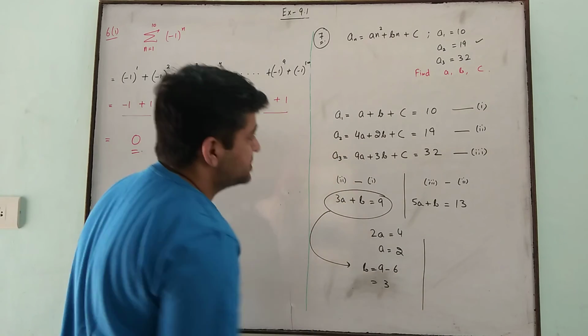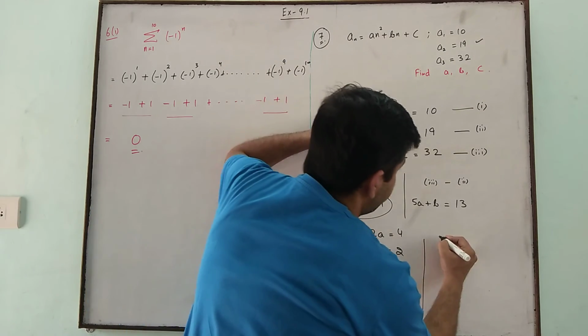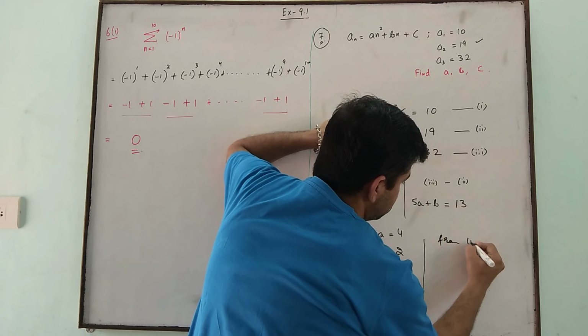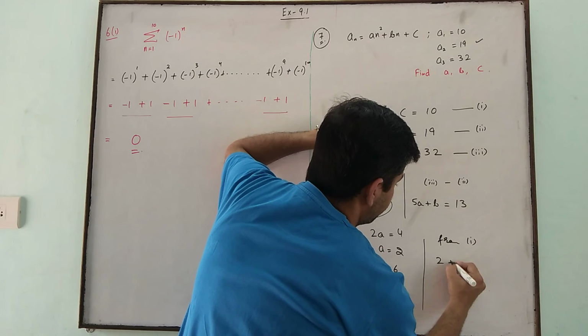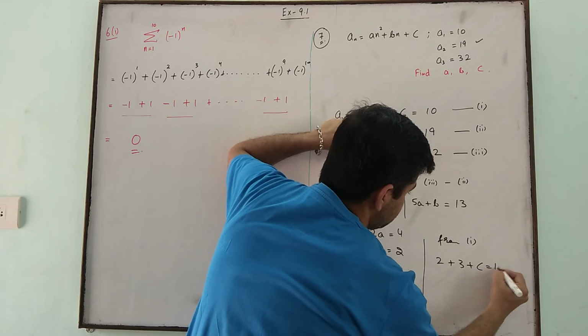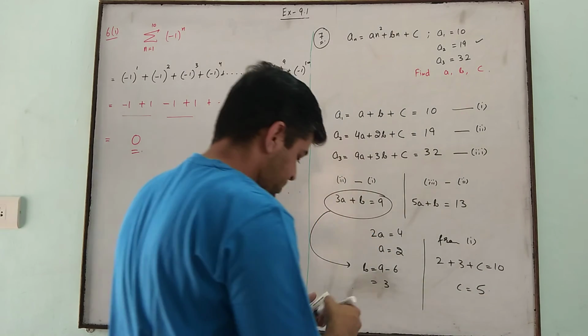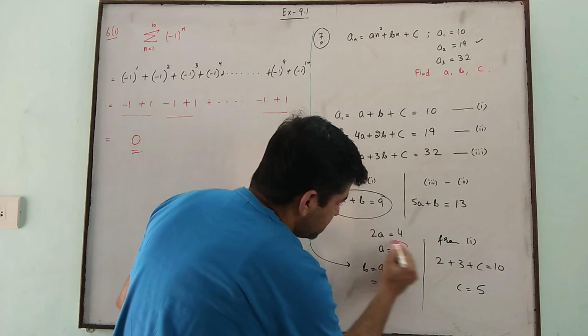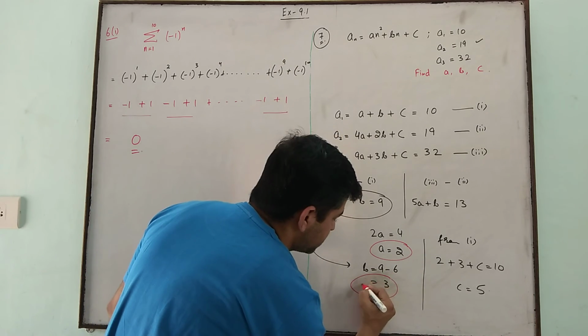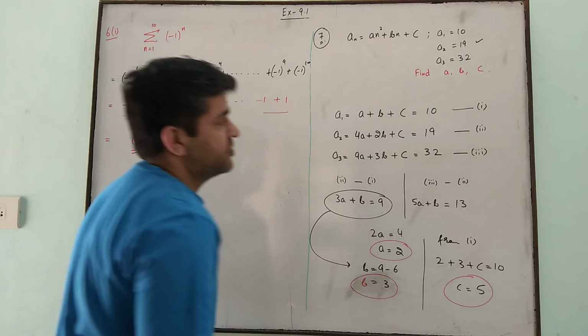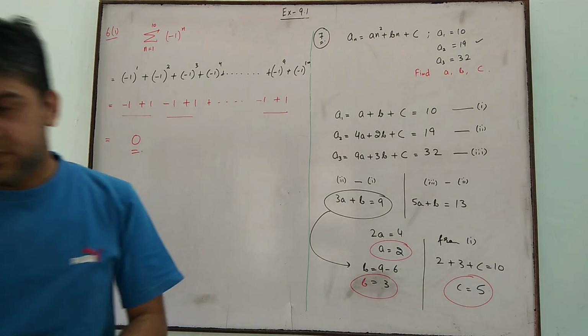A is 2, B is 3. From the first equation, with A is 2 and B is 3, you got C is equal to 5. So your answer is A is 2, B is 3, and C is 5. Just write it down.